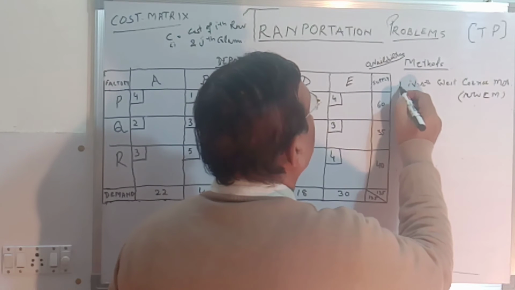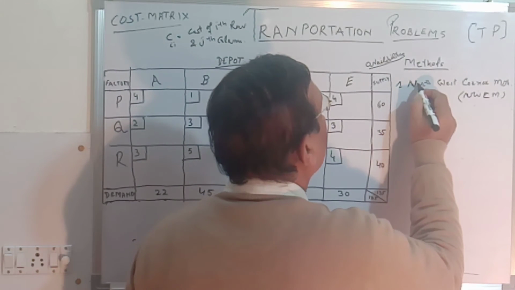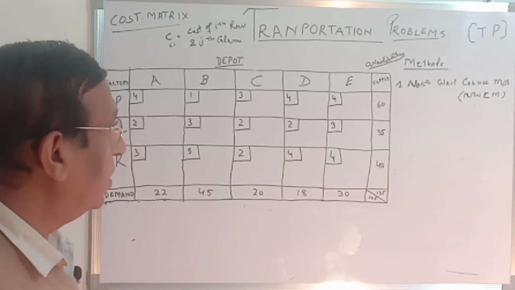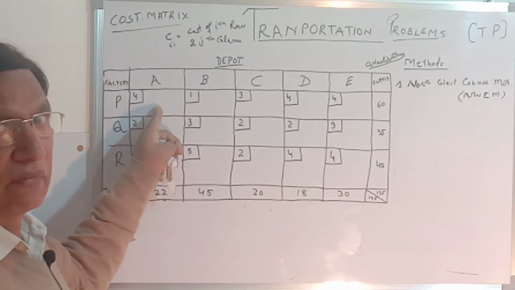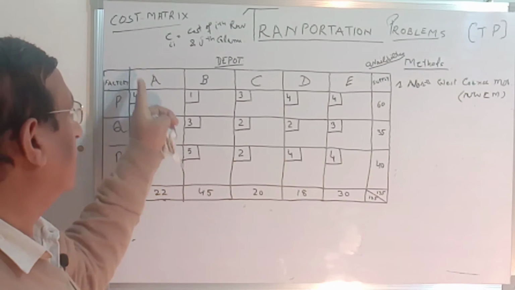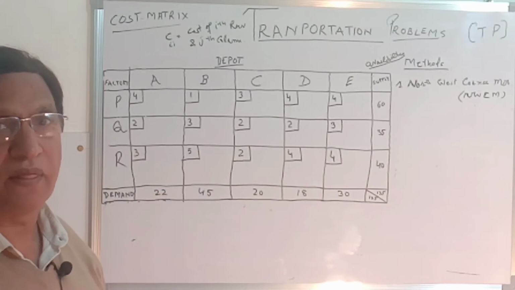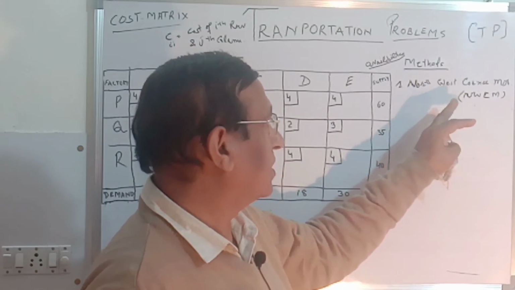So the first method is the northwest corner method. This method suggests that you start from the first cell. This is the northwest corner. First cell means first row, first column. This is the technique, as its name suggests.